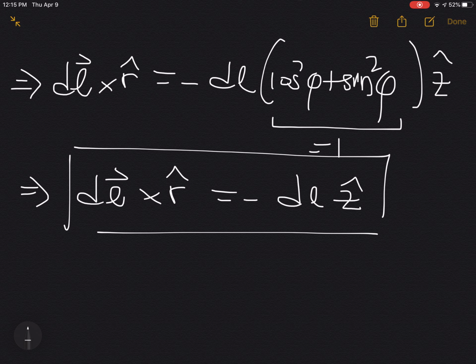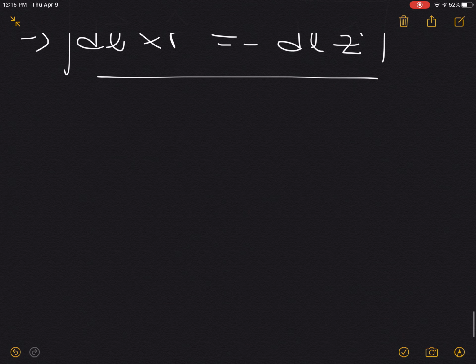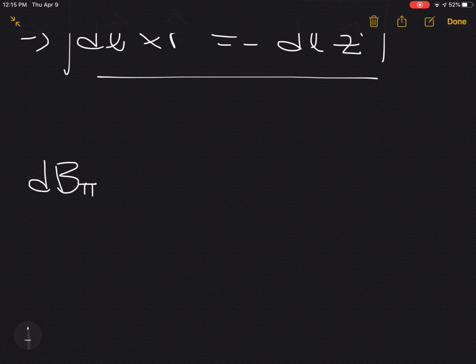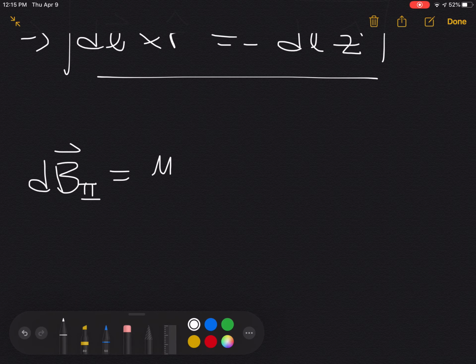Very, very good. So we're getting close to where we want to be. So you've got dB2 is equal to, okay, so actually let me include those minus signs everywhere.